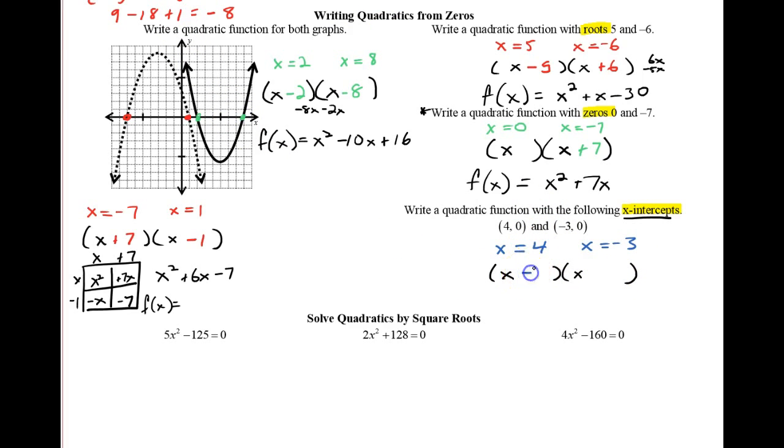X is a liar. And FOIL it out. Give us 3x, negative 4x, so minus x, and then negative 4 times 3, minus 12.